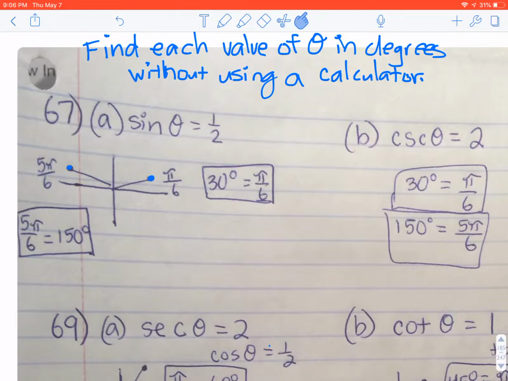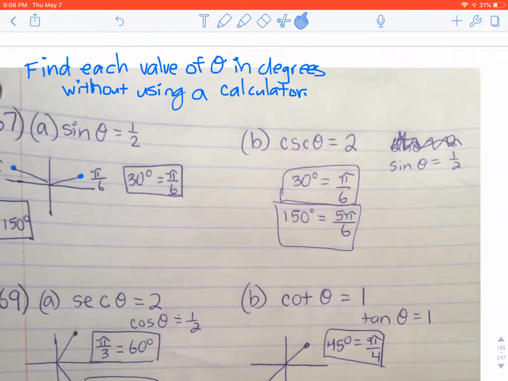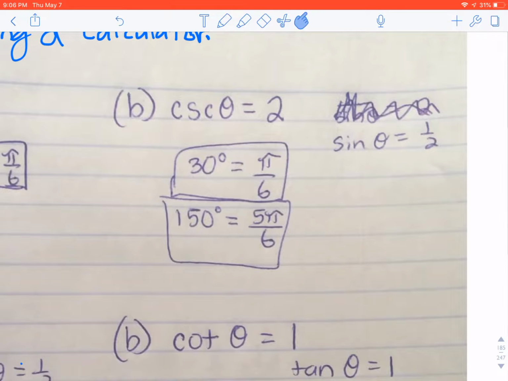B, cosecant of theta is 2. Our cosecant theta of 2 is the same thing as sine theta is 1/2. So same answer. Where is our sine theta positive 1/2 on our unit circle? At 30 degrees, which is pi over 6, or 150 degrees, which is 5 pi over 6.